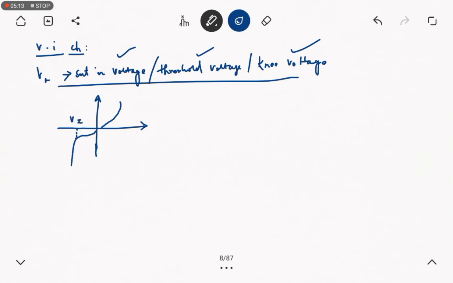This is the Zener voltage, this is ID, that is diode current, this is I0 and the cut-in voltage. Here comes the cut-in voltage. This is VD.